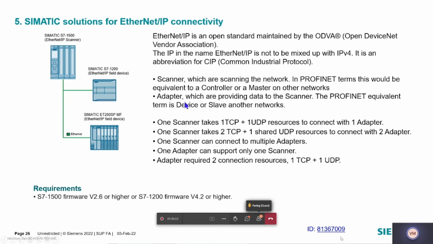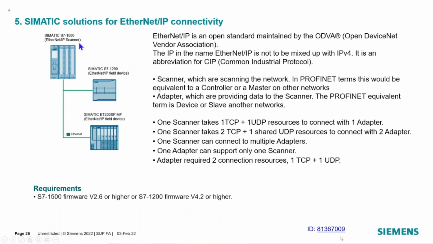In terms of terminology, there is something called a scanner and something called an adapter. A scanner is what is called a controller in Profinet, or a master in Profibus, and slave devices are called adapters. If the PLC is acting as a scanner, it will take one TCP connection and one UDP connection. If the PLC acts as an adapter, it will take two resources.